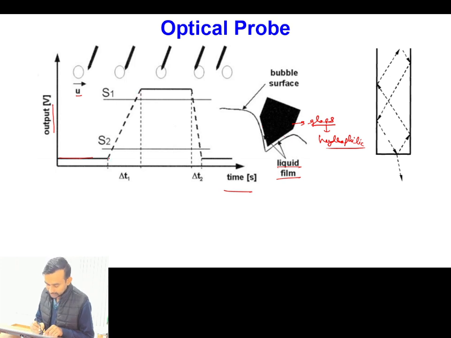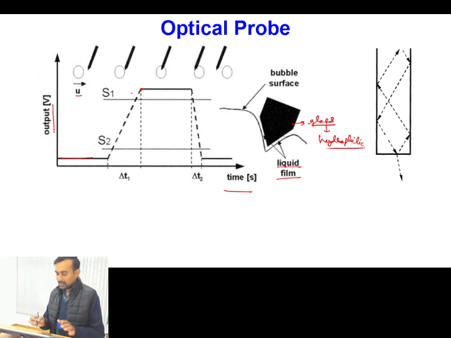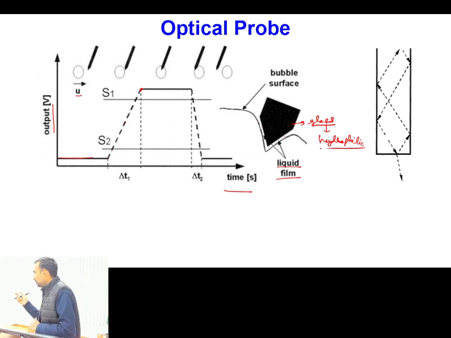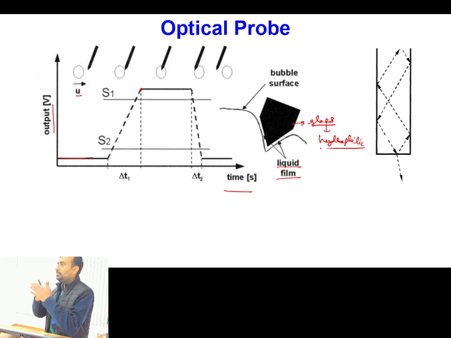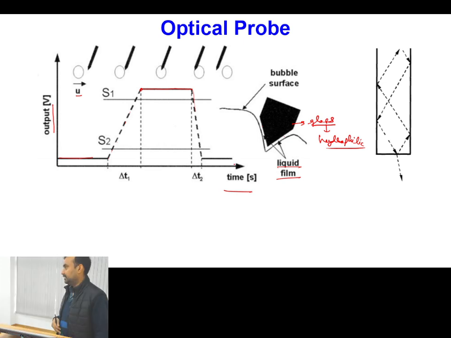The signal will gradually increase to this point, and once almost this entire thin film has drained out, the bubble slowly comes in contact with the probe, and we get a high signal when the bubble is in contact with air. After that, when the bubble is leaving, the signal will not fall in a stepped manner, rather it will again gradually decrease.